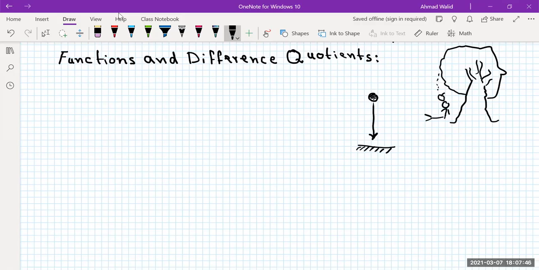Sir Isaac Newton knew very well at that time that with the simple formula of velocity, he cannot find the speed or the velocity of this object. For example, after you drop something, after 5 seconds, how much is the velocity?